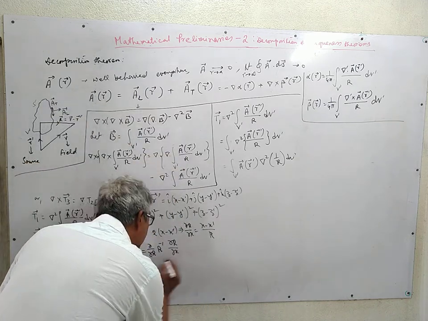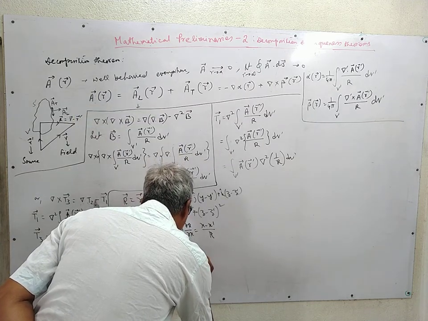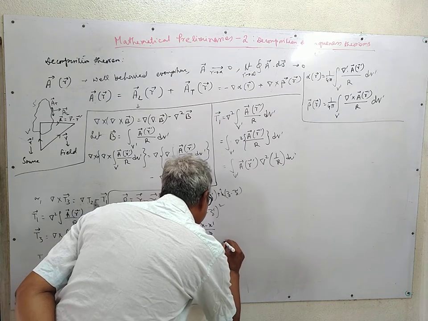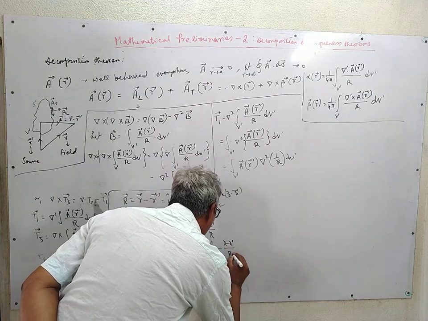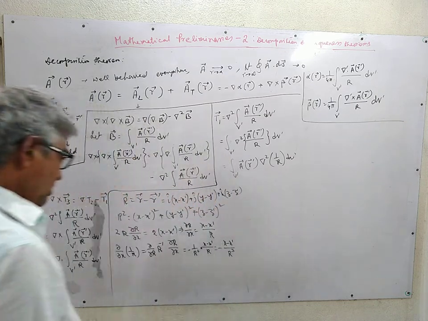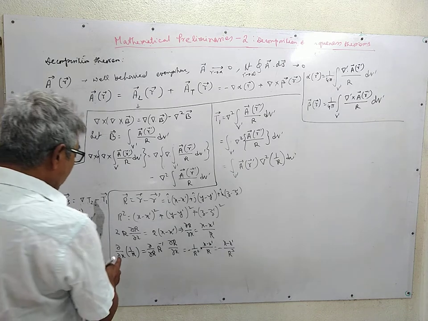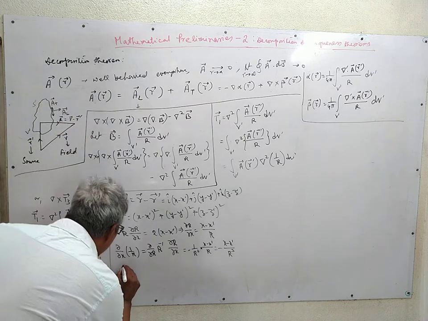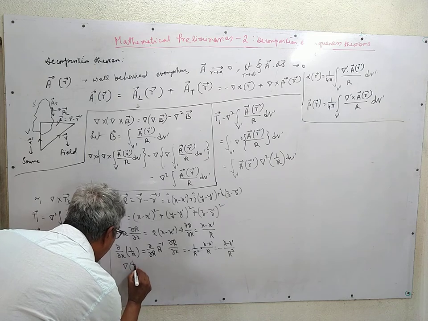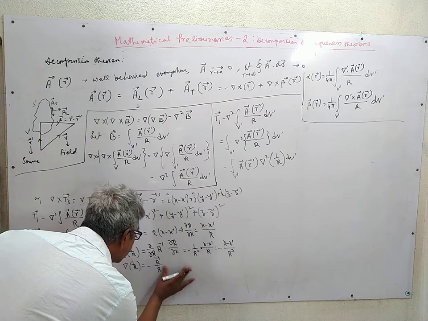This part is minus 1 by R square and then x minus x prime by R, altogether minus x minus x prime upon R cube. If we calculate similar y and z components, it will lead to the fact that grad of 1 by R is equal to minus R by R cube, which we did.